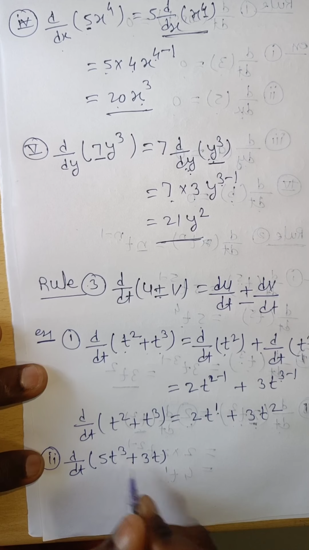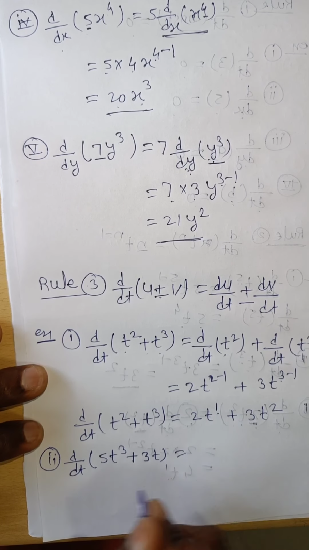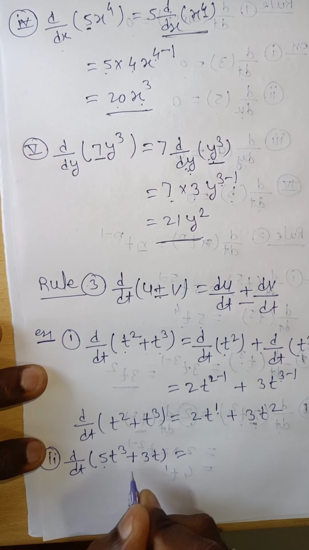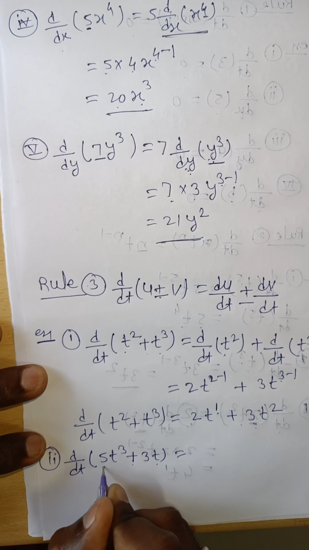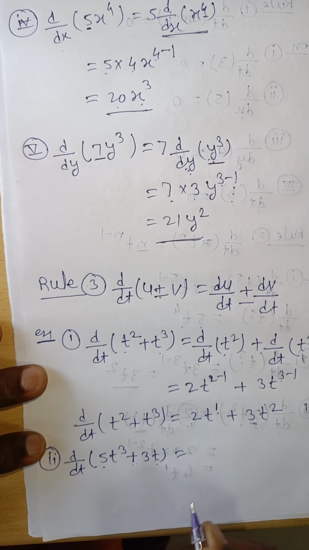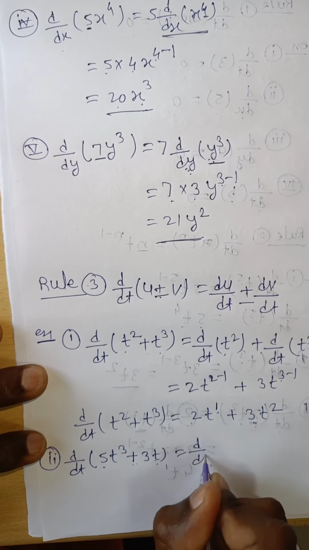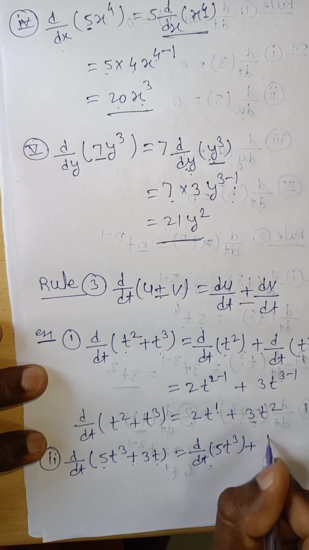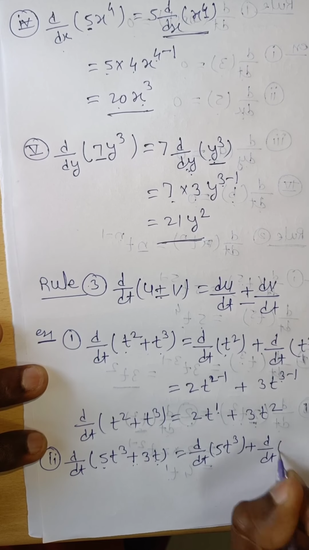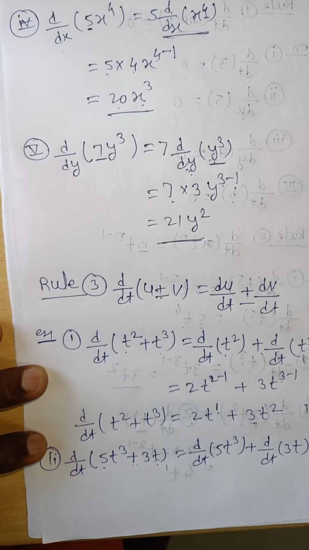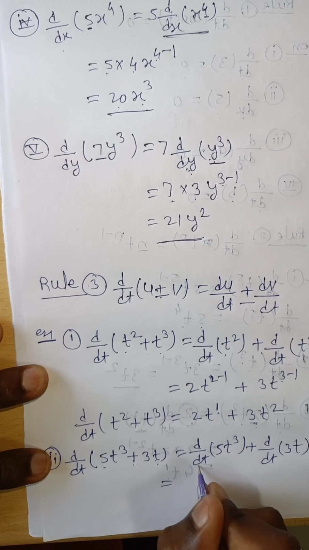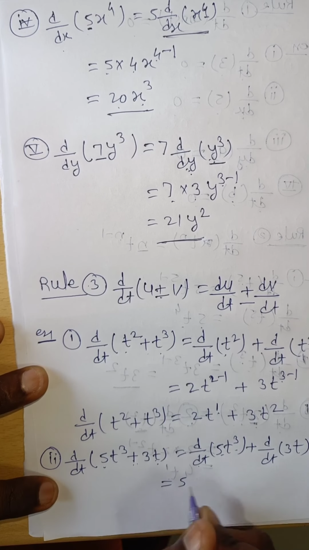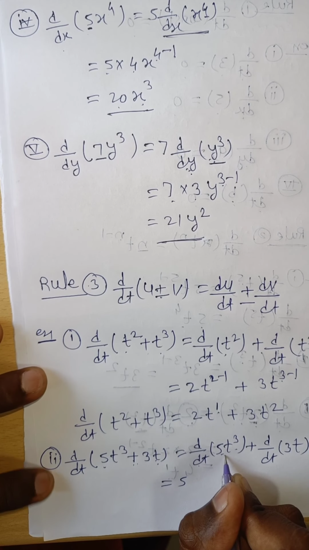Then differentiation of the first function plus the second function means differentiation of the first function plus differentiation of the second function, that is d by dt of 5t cube plus d by dt of 3t. Then you know that d by dt of 5t cube means 5 into differentiation of t cube.